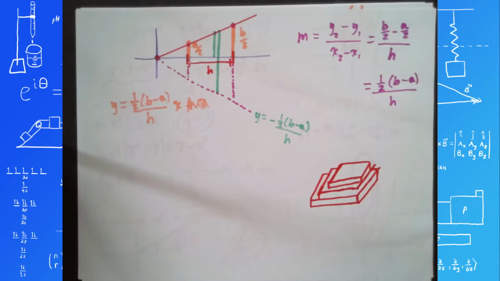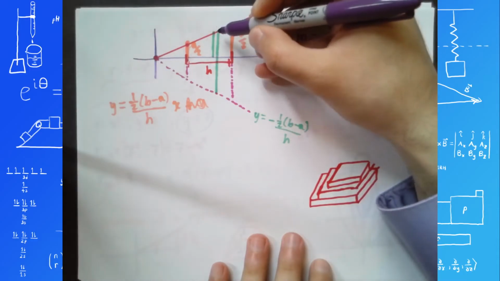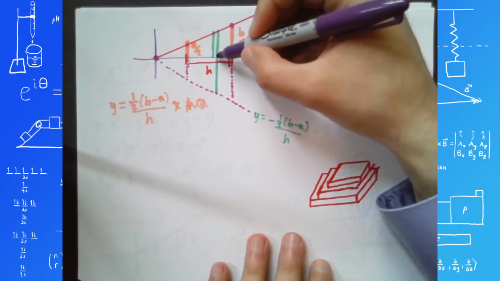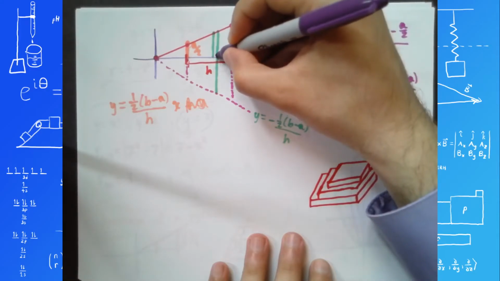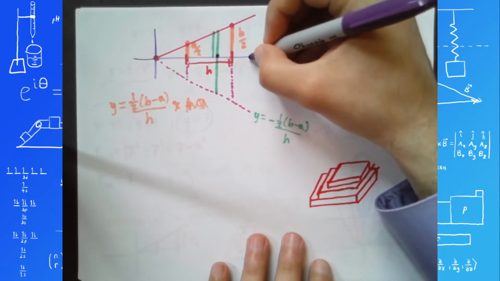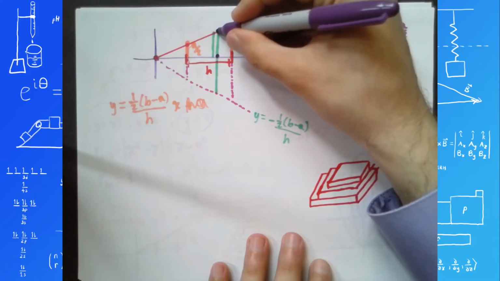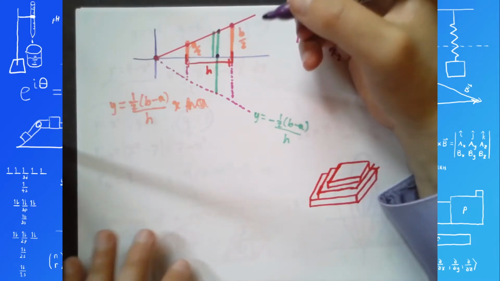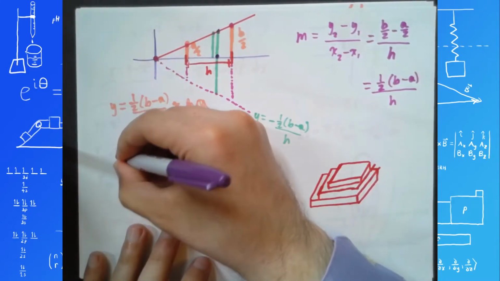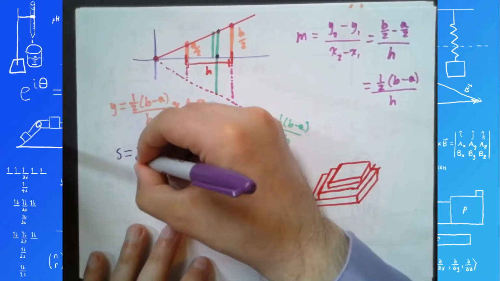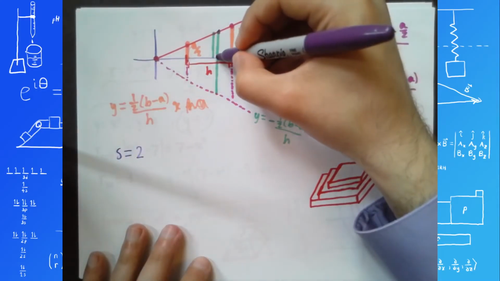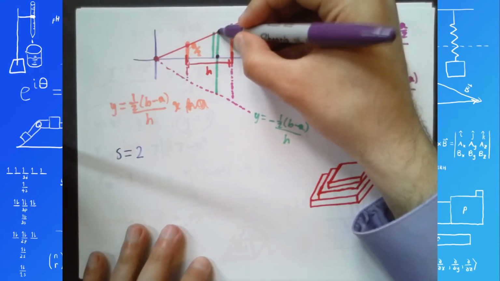So for each of these square tiles, the side length is just going to be 2 times the distance from y equals 0 to this line. So side length, I'll call it S, is 2 times the distance from the x-axis to the curve.